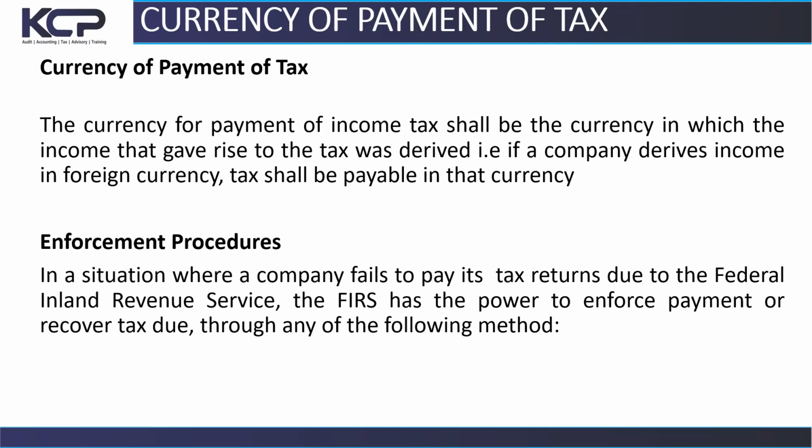So what happens in reality is that even where you have sold in dollars, because of the volume of transactions, it pays you to approach FIRS and say, I don't have sufficient dollars to pay you, give me your equivalent in naira, and pay.